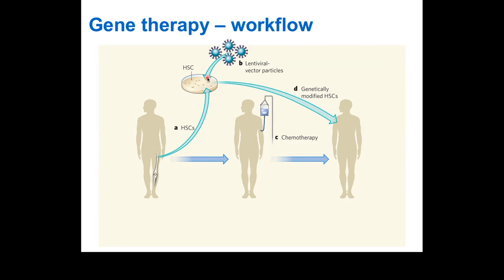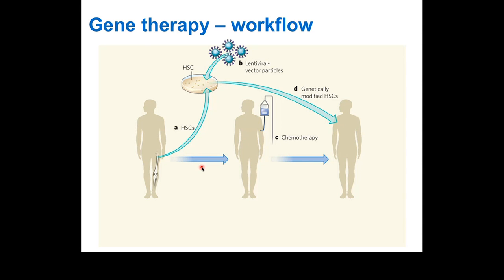You isolate those cells and introduce the normal beta globin gene using lentiviral vectors. And you select for the cells that have the normal beta globin gene and then transfuse them back to the same patient, like an autologous bone marrow transplantation after ablating the bone marrow.